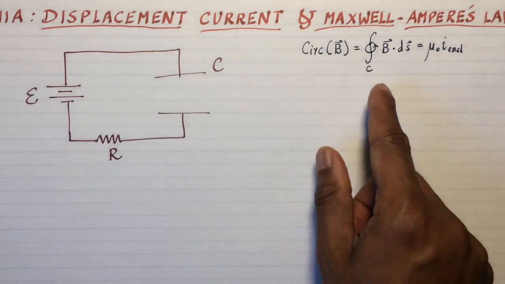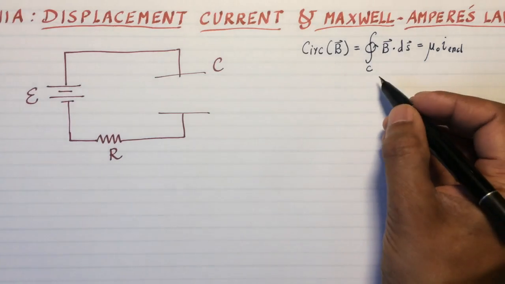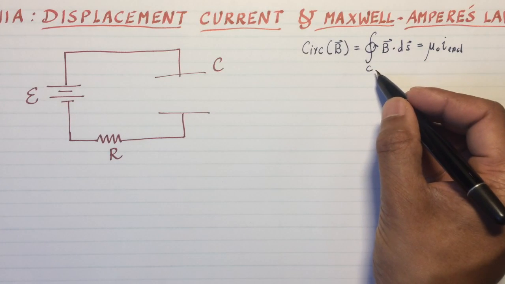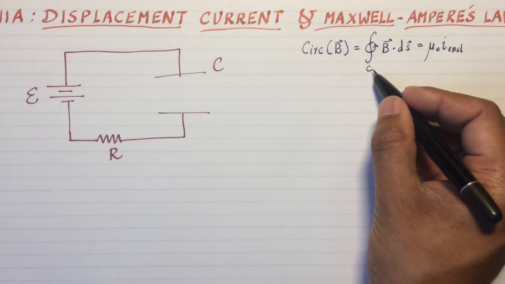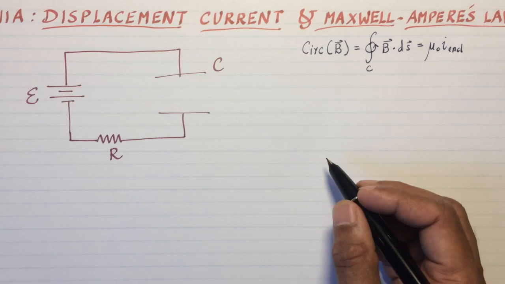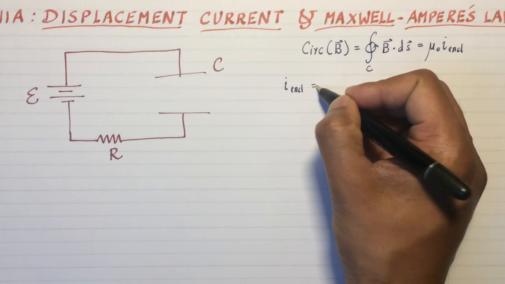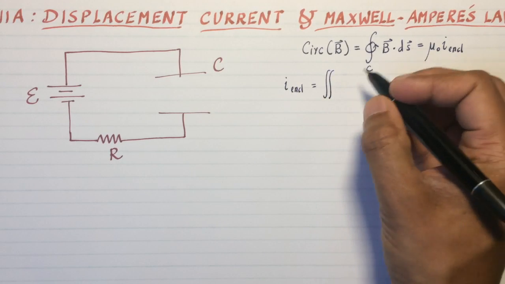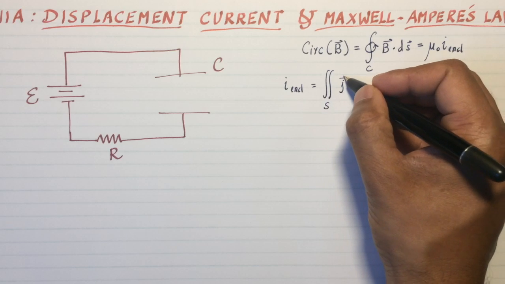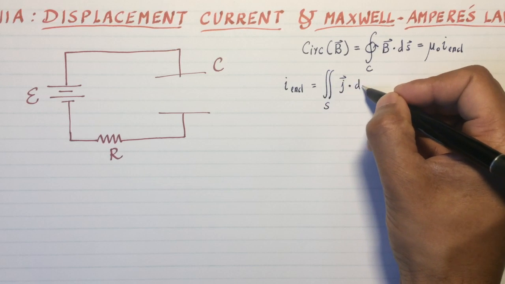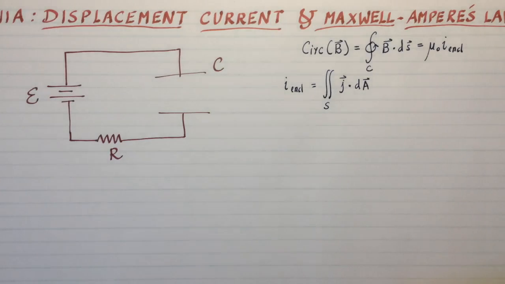So one of the things that you need to worry about is what kind of surfaces have as boundary the curve C. Now, all Ampere's law says is the current enclosed is given by the double integral of the current density dotted with the area element of that surface.